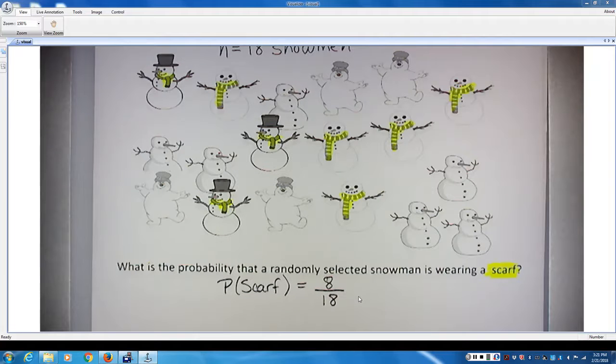Now, I am not MyMathLab. I am not StatLab. I want to see that. I want to see what you counted. You can simplify the fraction if you want to. Your calculator simplifies fractions just fine. If you want your calculator to simplify that and say it's 4/9, that's fine. 4/9 is the correct answer. But I want to see that this is what you had first.